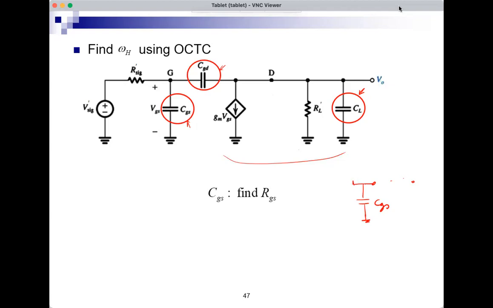And then I have R prime sig, and the signal source, that's the second condition. I set the signal source to 0. So just like I open circuit here, CGD becomes open, and so is CL. The signal source is set to 0.